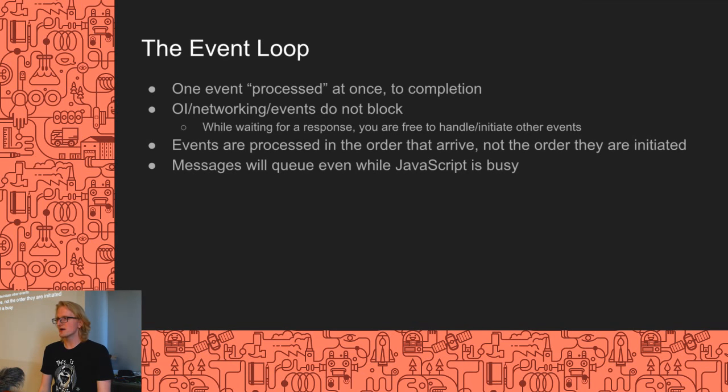You don't have to lock the object and then make sure that no one else is using it before you go ahead and use it. So that is the main conceptual overview of how JavaScript runs its event loop.